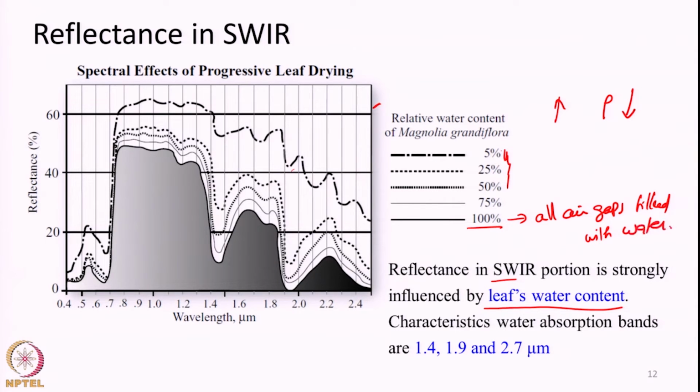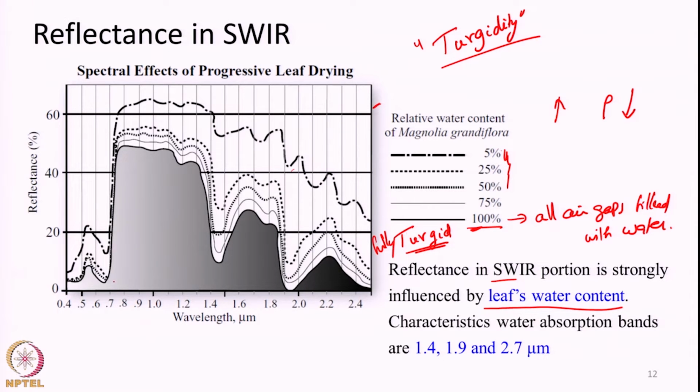We call this amount of water content in a leaf turgidity. Turgidity is a general term we use for the amount of water content within the leaf, and if a leaf is completely filled with water, we call that leaf turgid. It is fully turgid, that is, it is filled with water.